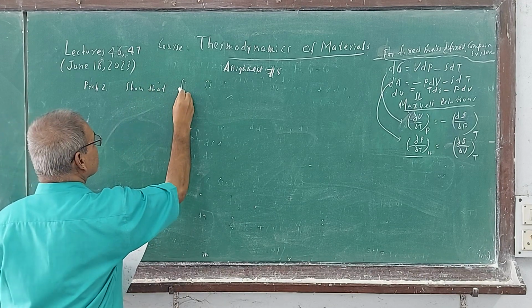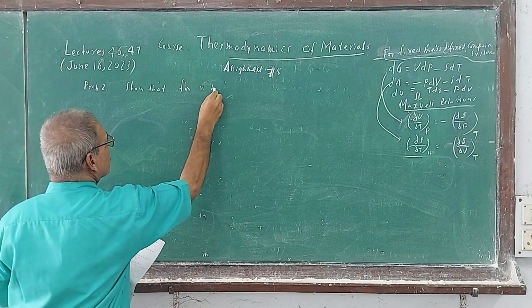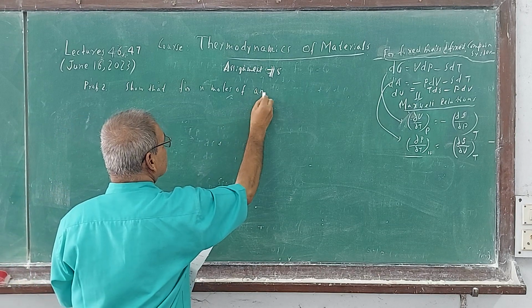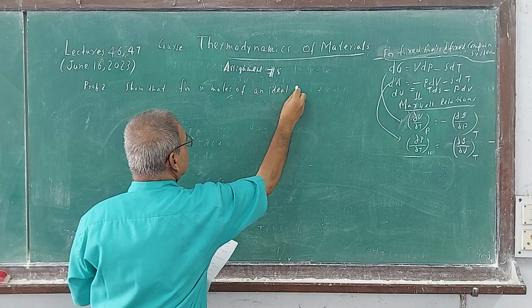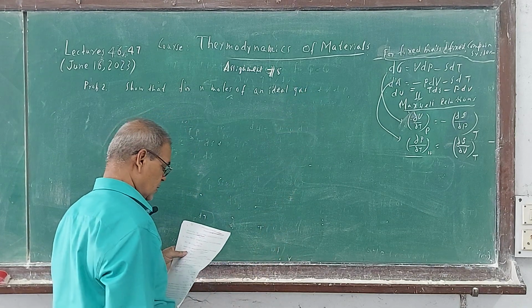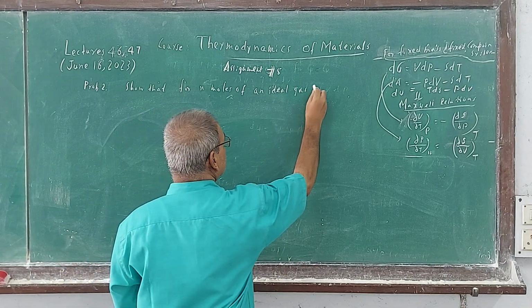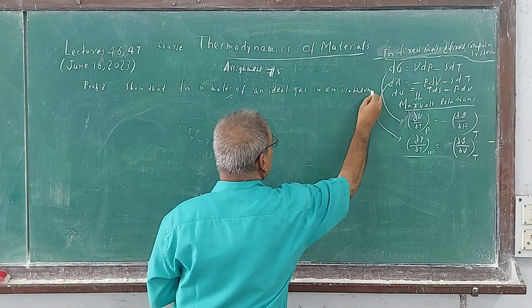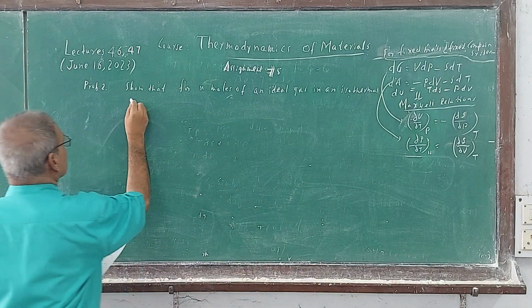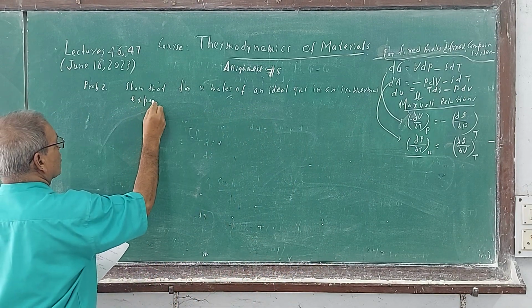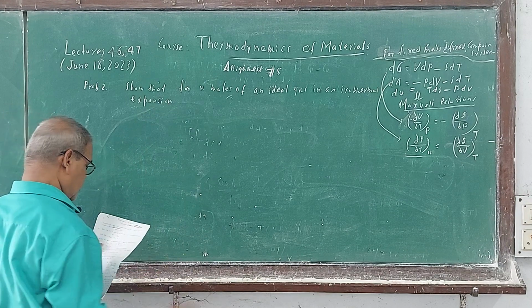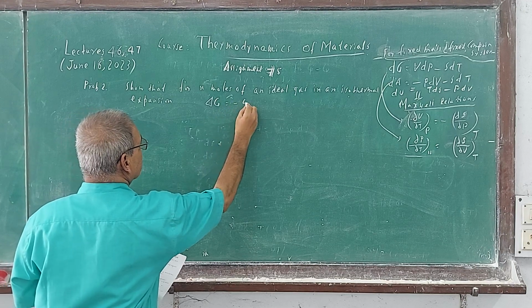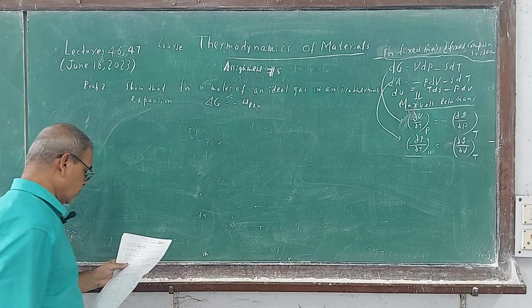For n moles of an ideal gas, in an isothermal expansion, show that delta G is minus W reversible. This you have to show.